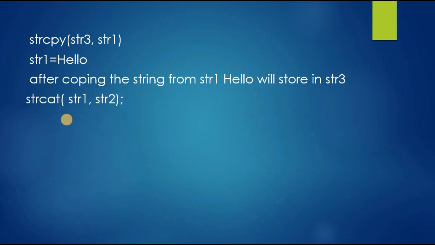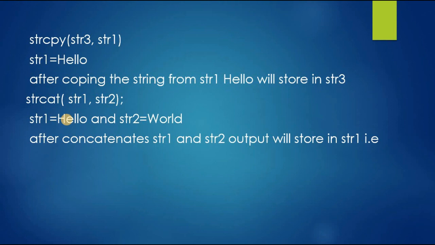Then we called the second function, which is concatenation, where str1 is equal to hello and str2 is equal to world. So after concatenating str1 and str2, the output will be stored in str1, that is hello world.